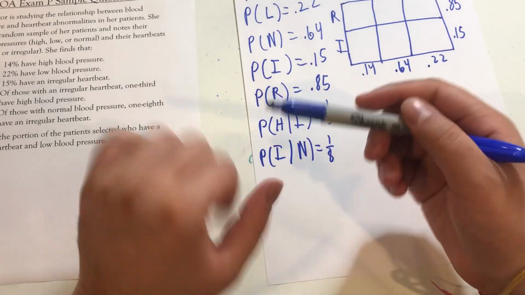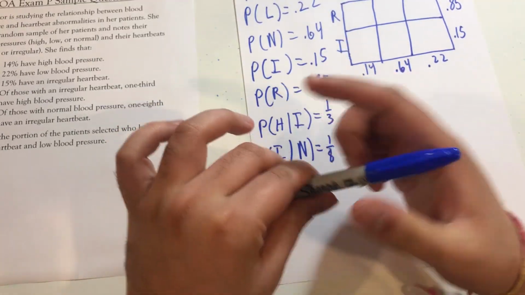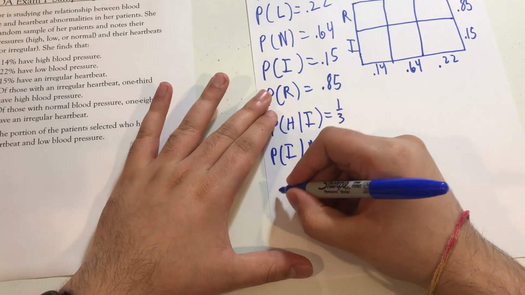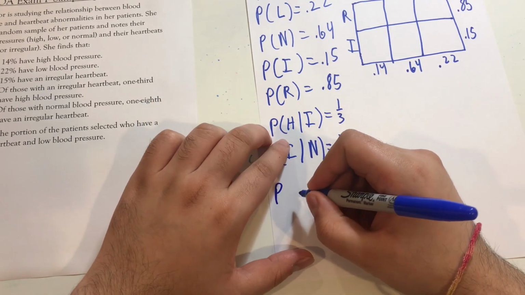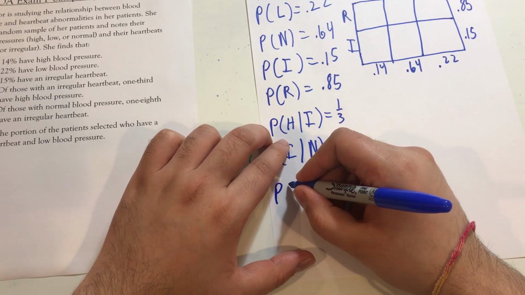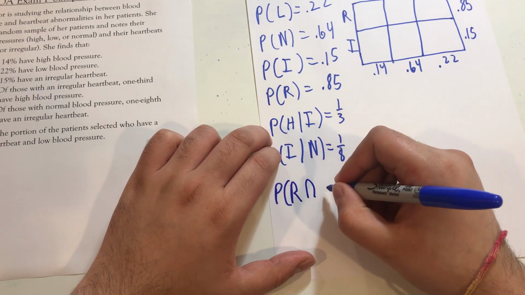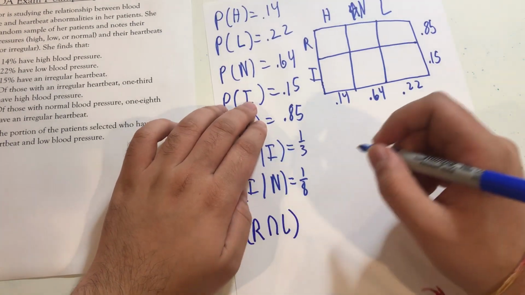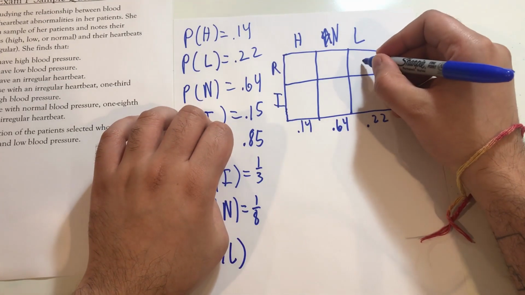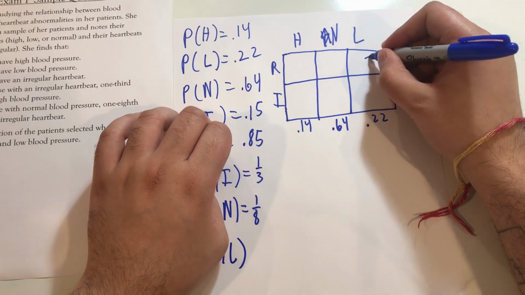So we need to find the following. There we go. The probability that you have a regular heartbeat and low blood pressure. So we're looking for this value right here.